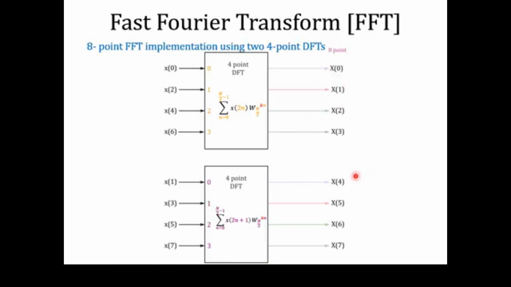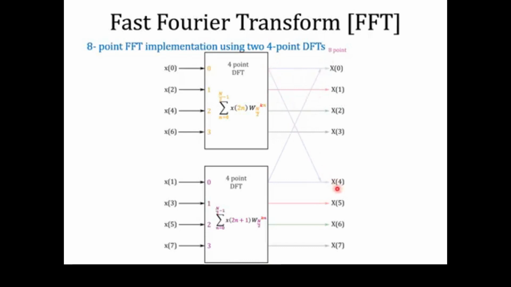Similarly, in order to calculate X of 4, we will need again A of 0 and B of 0. So this is the B of 0 sample and this is the A of 0 sample. So we again need to draw a line from this point to this point so that we can send the value of A of 0 to this point. In this particular way, we can add A of 0 with B of 0.